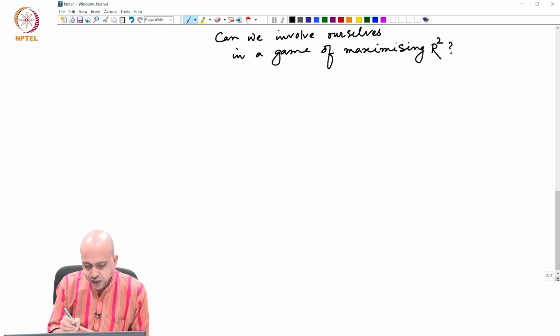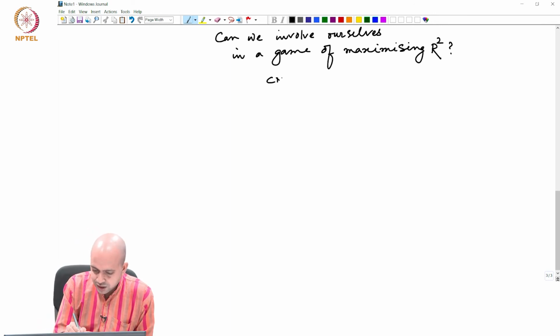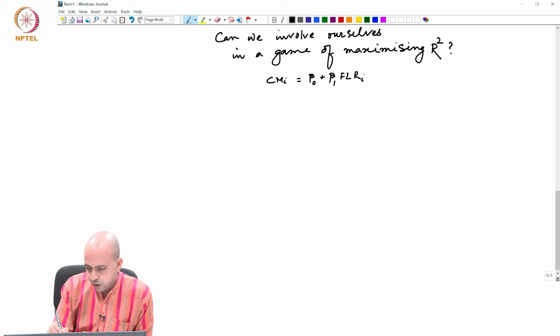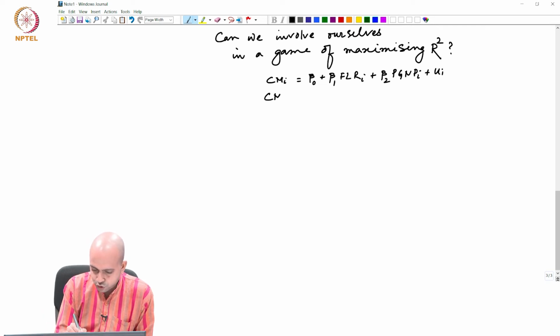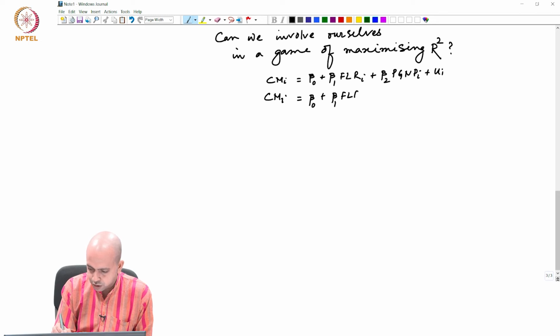So, we are basically trying to compare these two models: CM equals beta 0 plus beta 1 FLR plus beta 2 PGNP, let us say plus UI, and then the second model, CM equals beta 0 plus only beta 1 FLR plus let us say U1I.